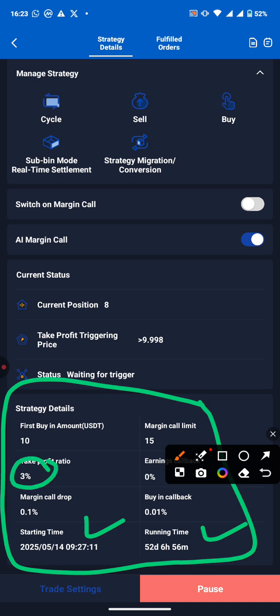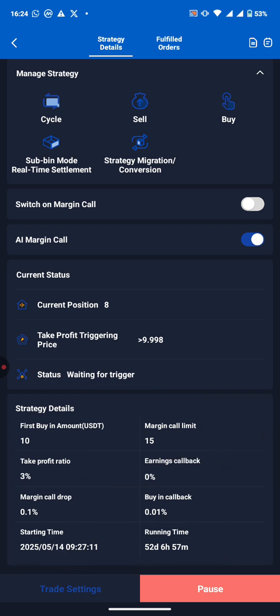Now let us calculate, because my take profit ratio is 3%. If I began with $50 and the robot never bought more of this coin, let us go to our calculator.